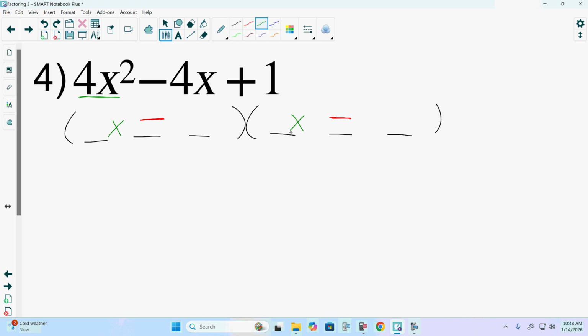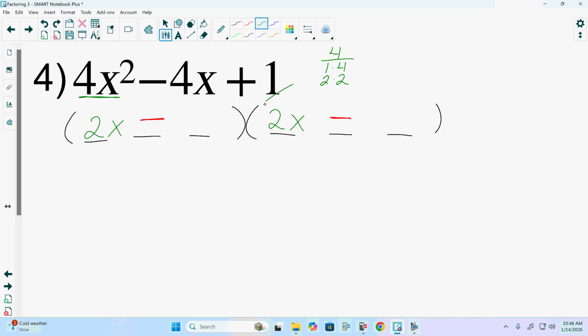Factors of 4, we have 2 choices, 1 and 4 or 2 and 2. Which one do we want to try first? 2 and 2. And again, at this point, we're plugging them in to check and see if they're right. So we'll just pick 2 and 2, try it first.